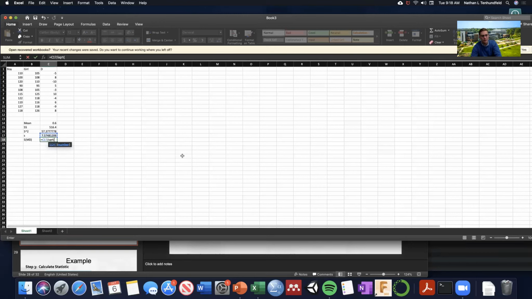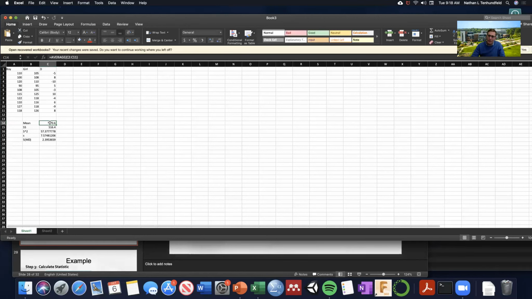All right, and so now we need to calculate that t-score, right? And the t-score is just going to be that mean difference minus the hypothesized population difference. And in this case, we don't have any reason to believe that there is something in the population that should make us subtract values. So it's just going to be 0.6.